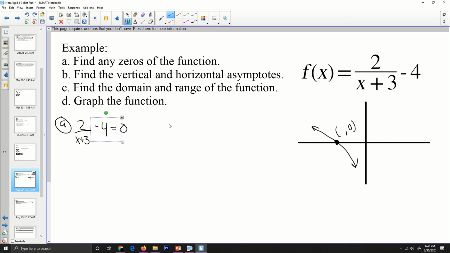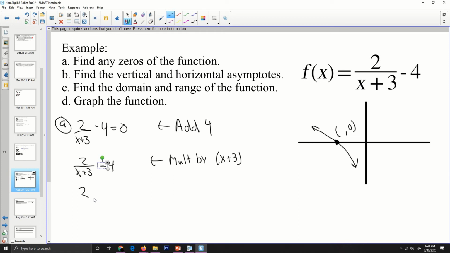Then I'm going to add 4 to both sides, and that'll give me 2 over x plus 3 equals 4. Then I'm going to multiply by the quantity x plus 3. That'll get me 2 equal to 4 times x plus 3.